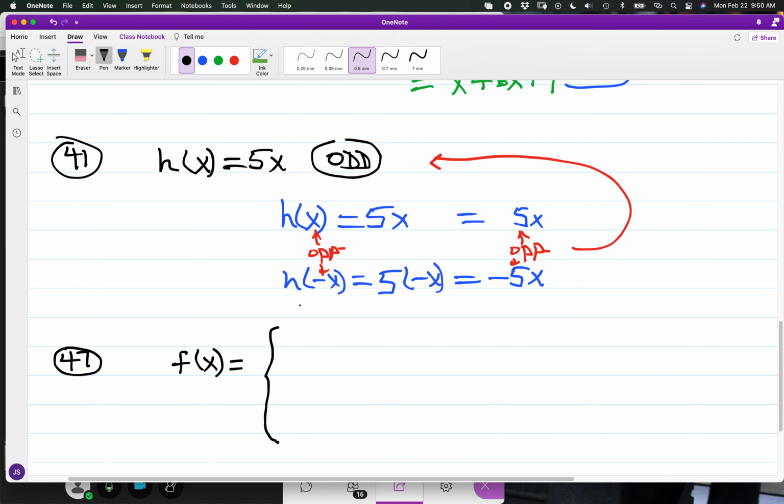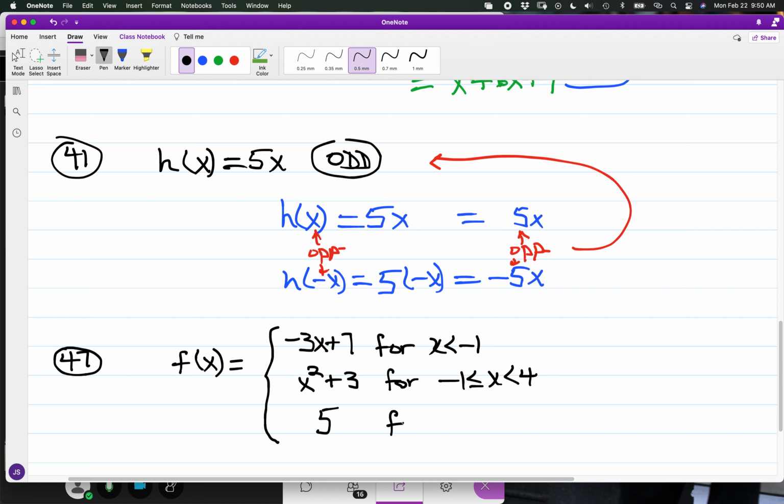Here we have f of x is equal to negative 3x plus 7, for those values of x that are less than negative 1. Then we have f of x is equal to x squared plus 3, for negative 1 less than or equal to x, which in turn is less than 4. And then we have f of x is equal to just 5, for those values of x greater than or equal to 4.